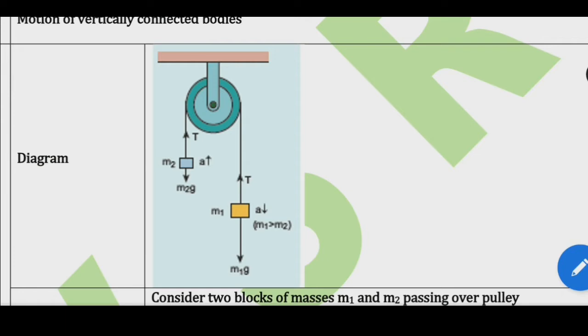Let the tension in the string be T and the acceleration A. When the system is released, both the blocks start moving. m2 moves in the upward direction and m1 in the downward direction, with the same acceleration A. The gravitational force m1 g on mass m1 is used in lifting the mass m2.